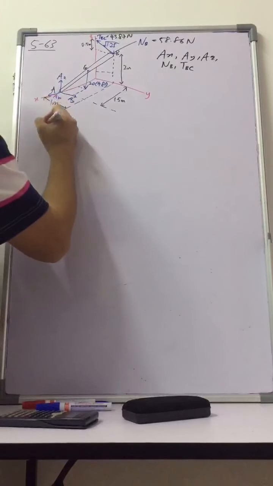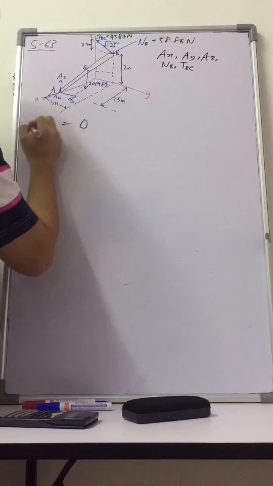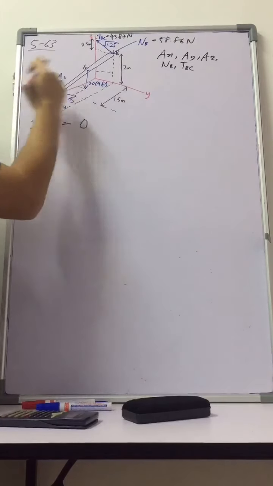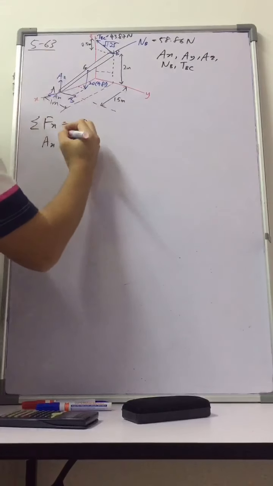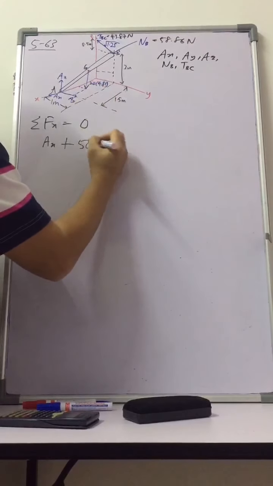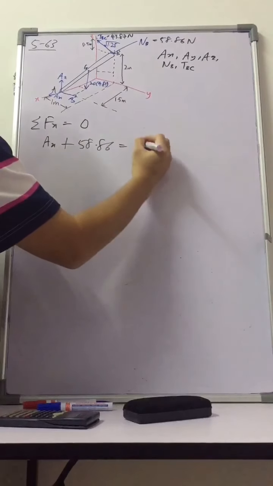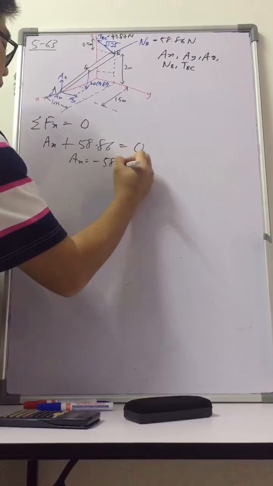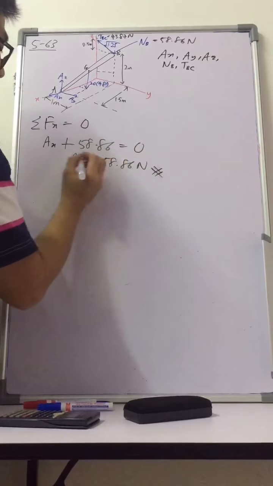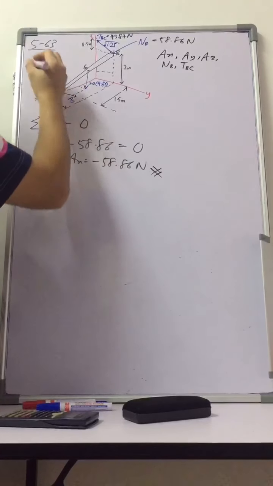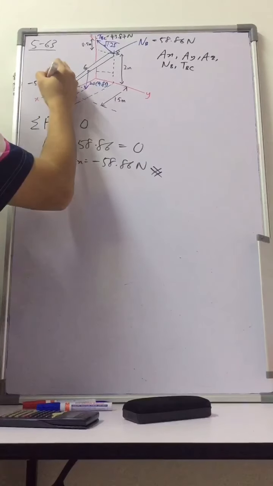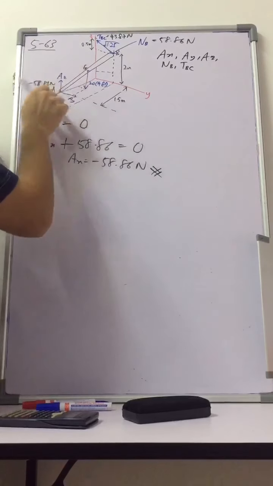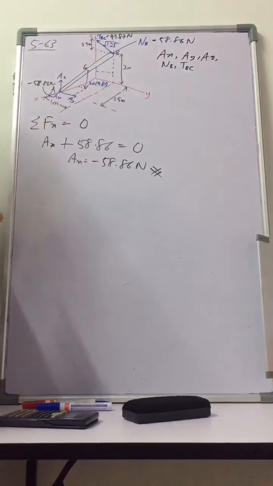So summation of forces in x equal to 0: positive AX, because initially you assume AX to be in the positive x direction, plus NB, which is 58.86, equals to 0. So your AX is actually minus 58.86 Newton. What does it mean? The magnitude is 58.86 Newton, but it actually goes that way.